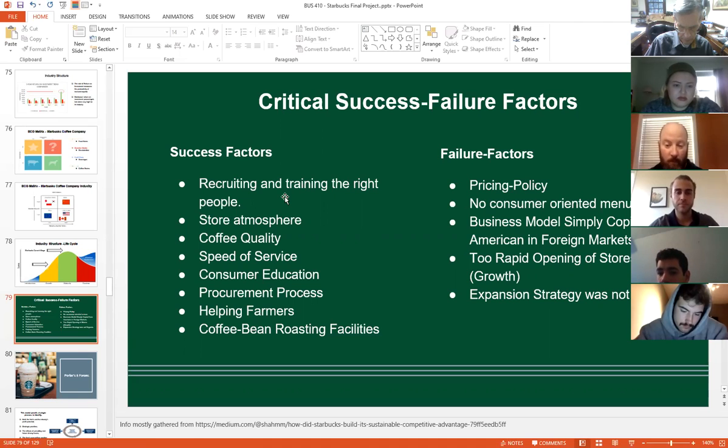The failure factors: pricing policy, and no consumer-oriented menus, which is the same as the business model, simply copied from American and foreign markets.